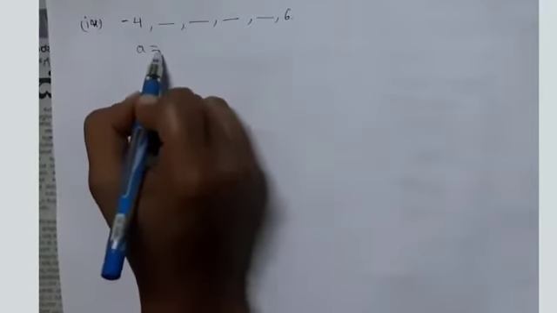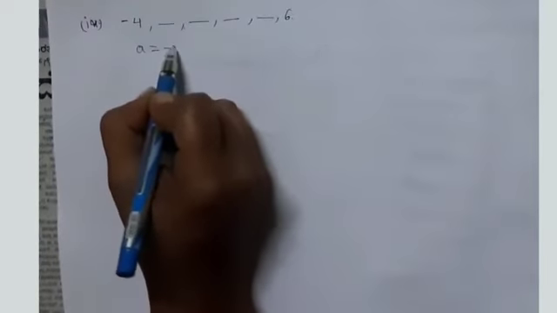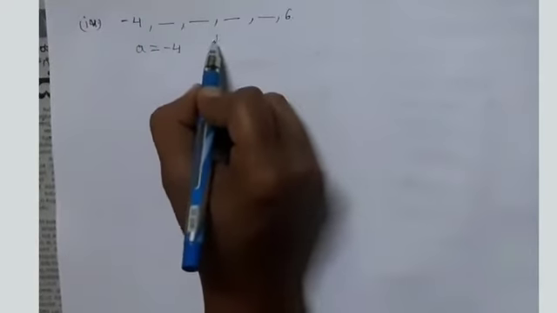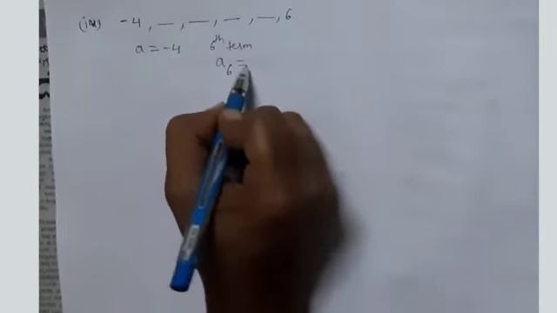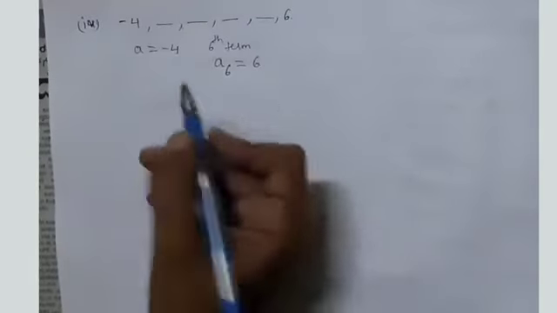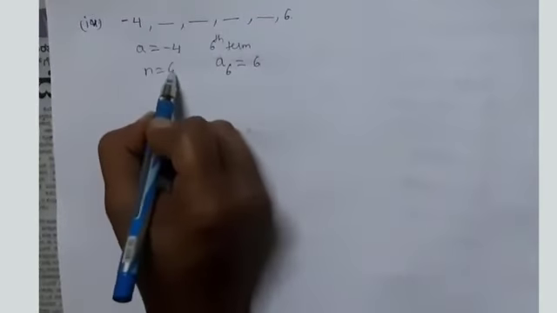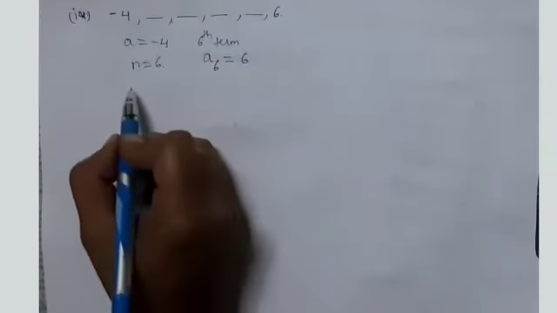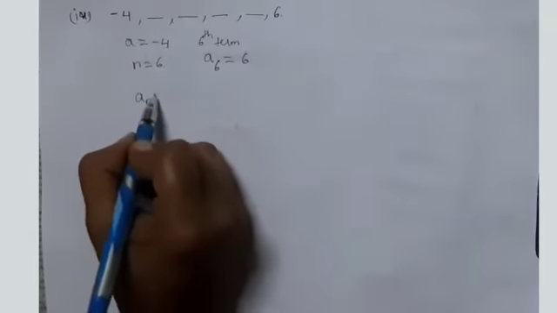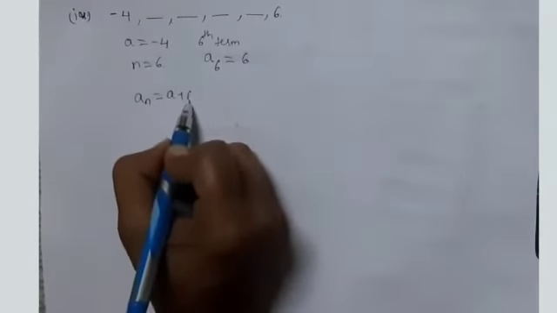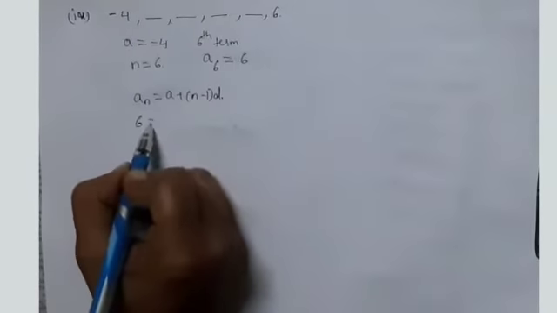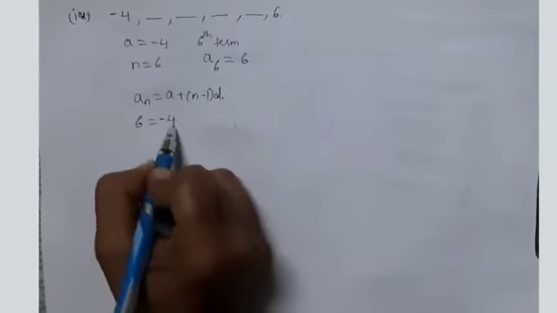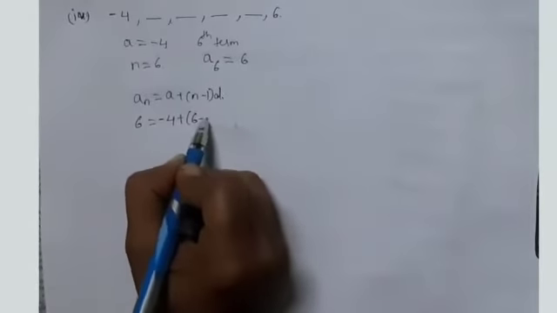Here given for us is a is equal to minus 4, and the sixth term means it is a6. a6 is equal to 6. It means the value of n is what? N is also 6. From here let me write an is equal to a plus n minus 1 into d. Therefore an is 6 for us. A value is minus 4 plus n is 6 minus 1.